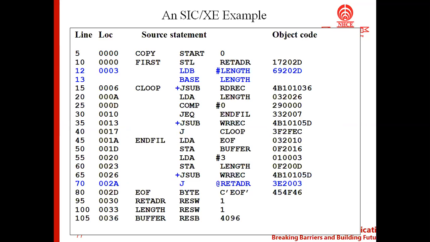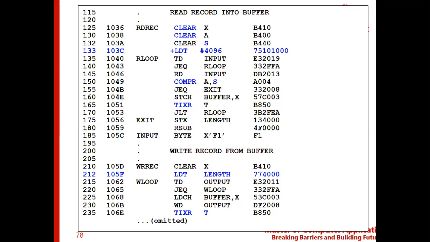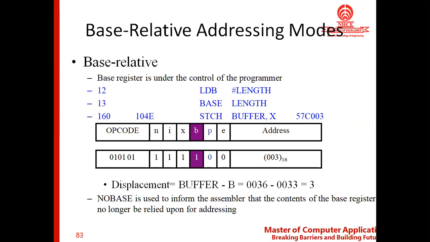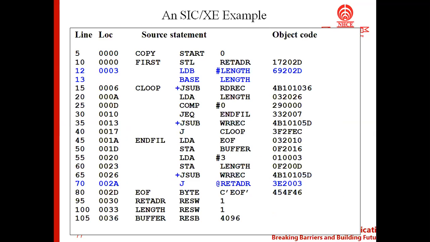This value we consider as TA, and we have the base register. The base register is in line number 13 in the program, BASE LENGTH. Where the length is defined is in line number 100. In the 100th line, you can see the definition of length, which is at the location 0033.